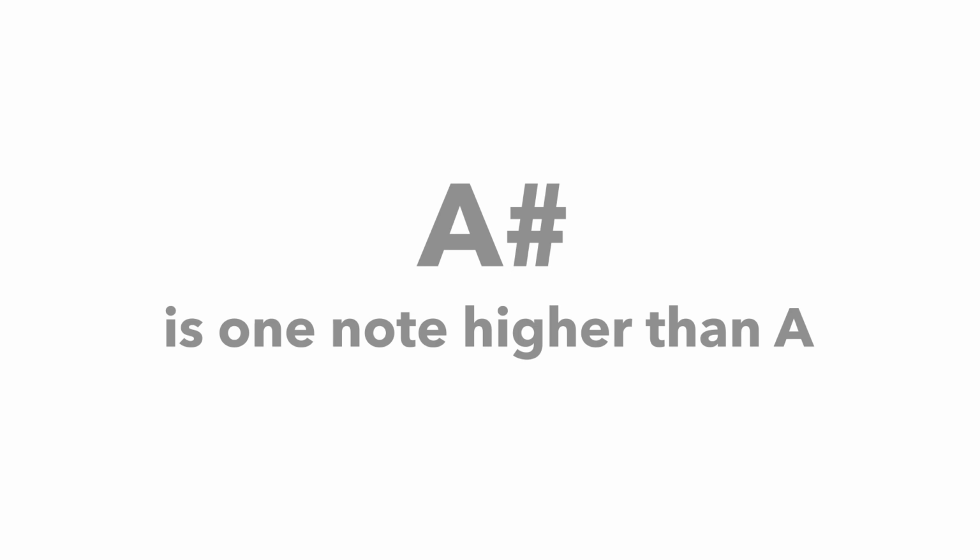So when we talk about A sharp, we're talking about a note that is higher than A. When we talk about C sharp, that is one note higher than C. And so this is how it works.